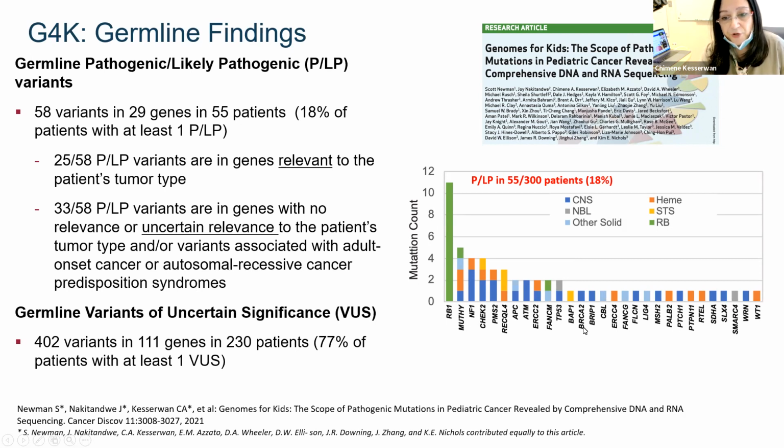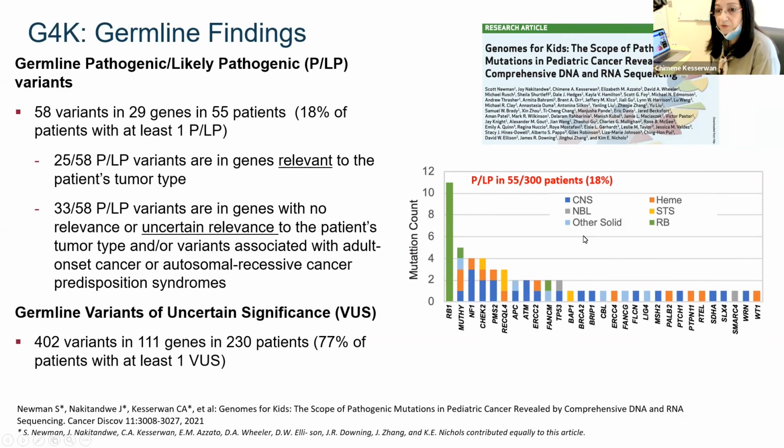Let's give an example. For example, we found a BRCA2 variant in a child with glioma. We did not know of an association. It's not one of the core tumors in BRCA2, and it happened in a child. So is that an incidental finding, or is it relevant for the tumor in any way? We did find WT1 in leukemia. And we did find SMARCA4 in a case of neuroblastoma.